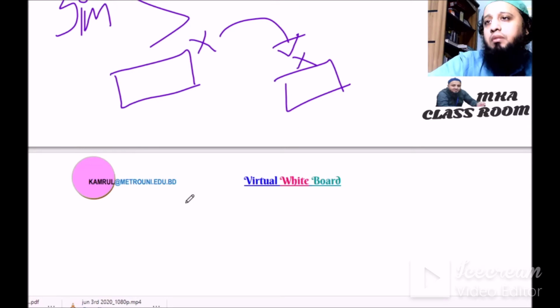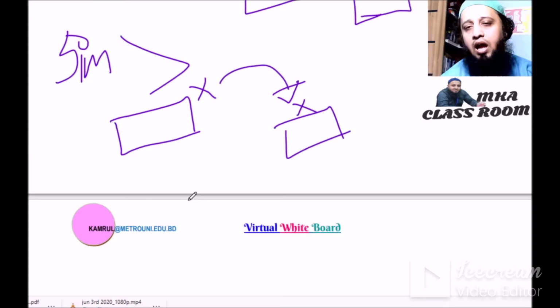That is simple interest. Whenever interest is earned only from the principal, and this interest is not reinvested again, that is simple interest.